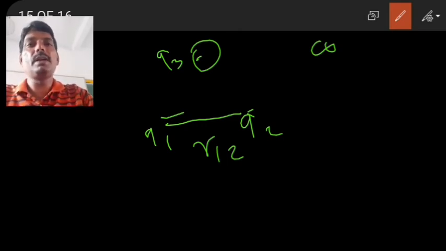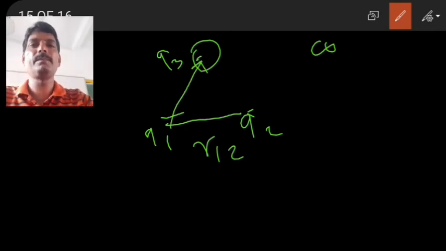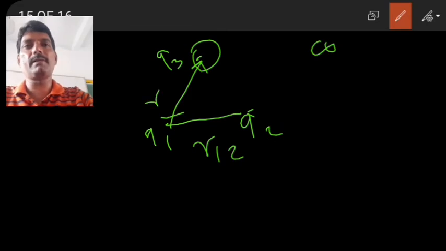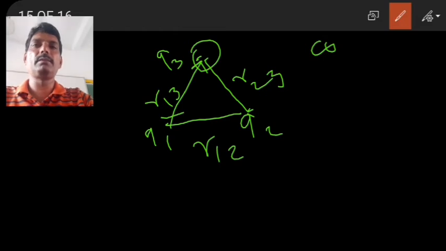Now first of all, you have to find the potential due to Q1 at this point, which is at a distance of r13, and potential due to this Q2 at this point, that is r23. Then you do the sum of all that.